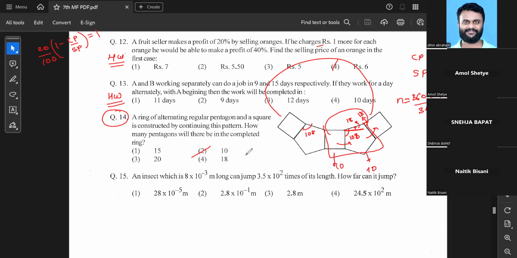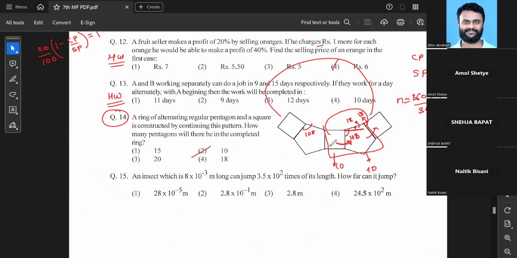The answer is 10. Sir, but it should be 20 because 360 divided by 18, right? 360 divided by 18, if you are considering only one shape. No, sir. A square and a pentagon. Why did you take 36? Because, beta, see, from one shape, from square, when you are going to the next shape, the angle changed is 18.